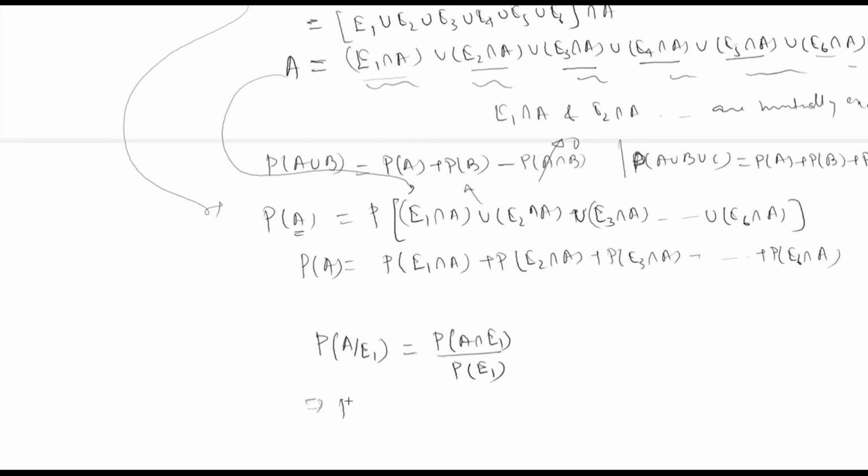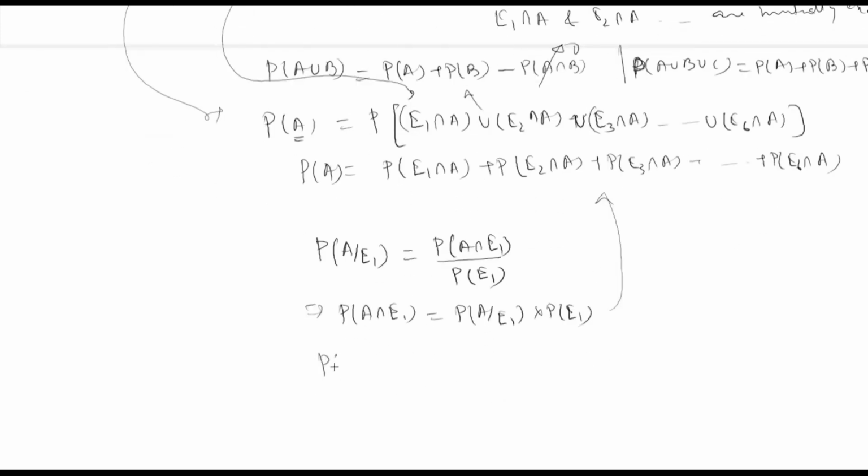So P of A intersection E1 is going to be equal to P of A given E1 into P of E1. Now I'm going to replace all of that one by one. So P of A is equal to P of A given E1 into P of E1, plus P of A given E2 into P of E2, plus P of A given E3 into P of E3, and so on and so forth.